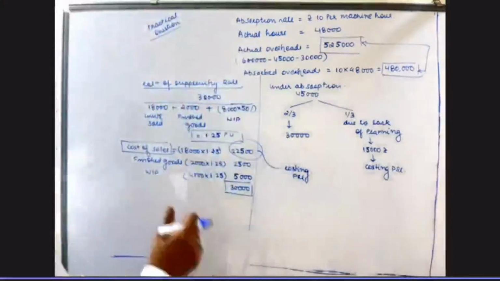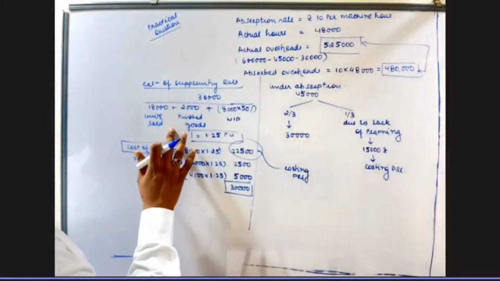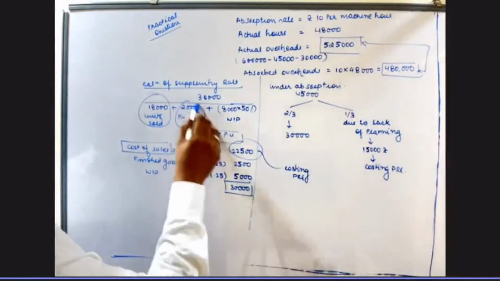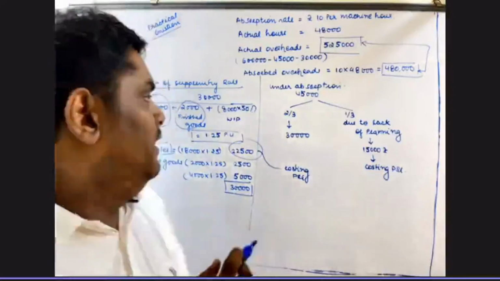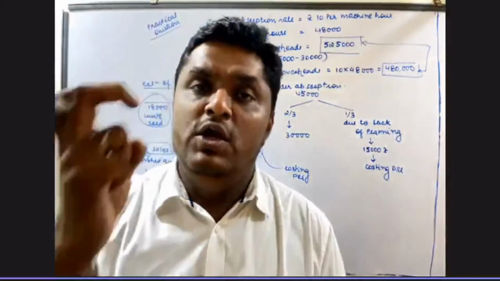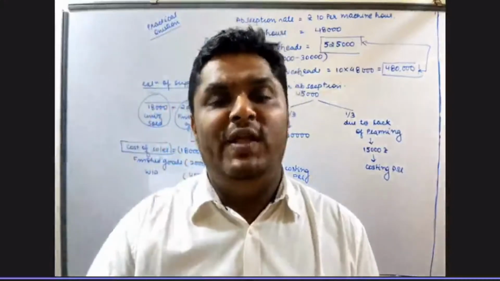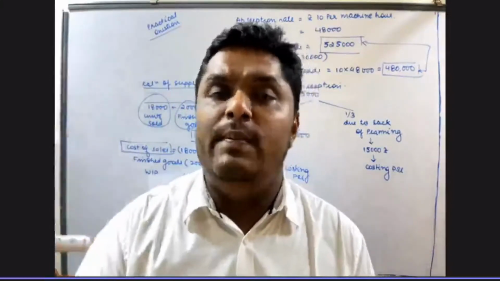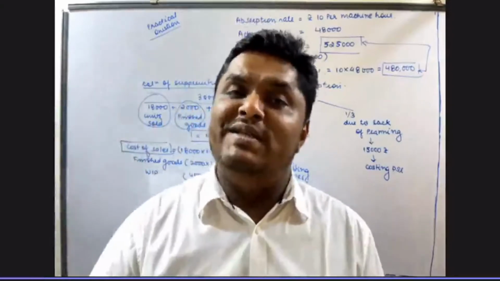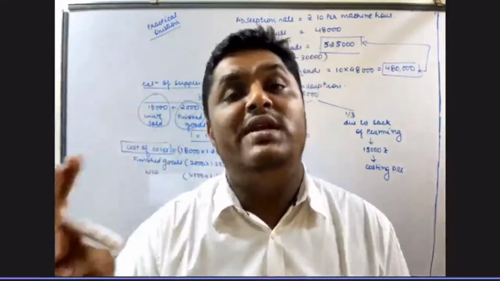So see, total 20,000 units were manufactured. Of this, 18,000 units were sold. 2,000 units are still in stock. And these units are work in progress, which are 50% complete. So 8,000 units that are 50% complete, it means equivalent number of units will be 4,000. If 10,000 units are 40% complete, it means 4,000 units are 100% complete.